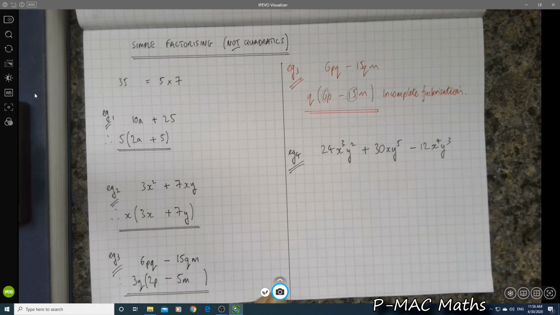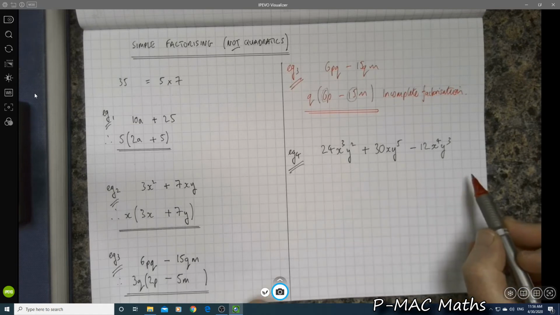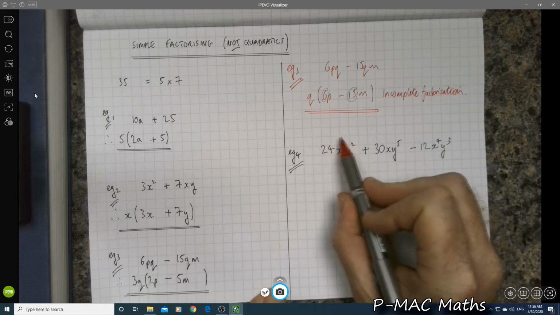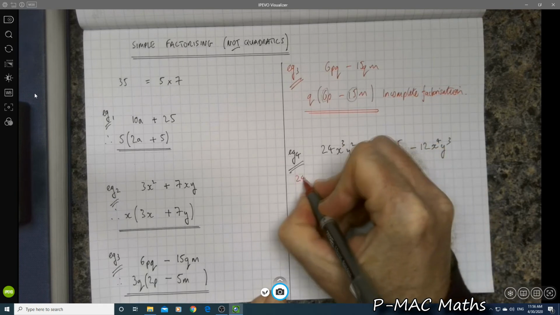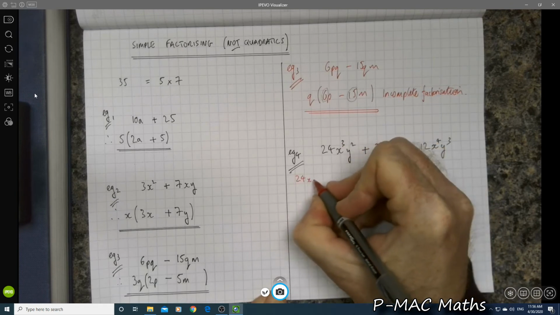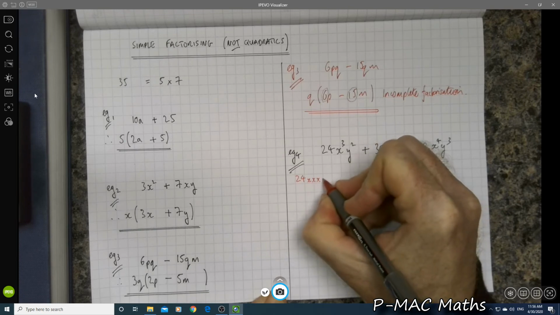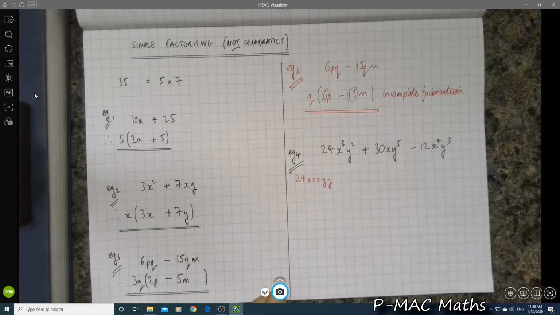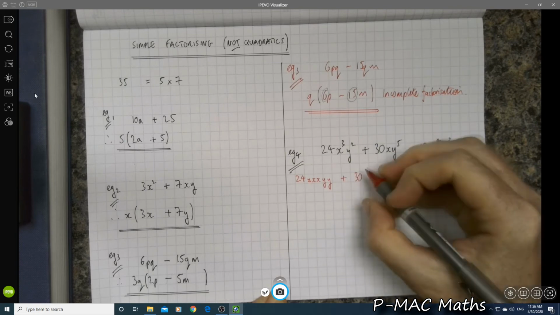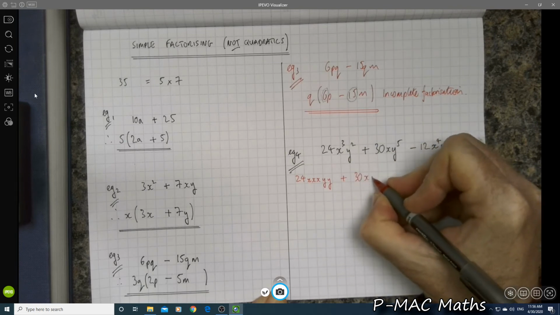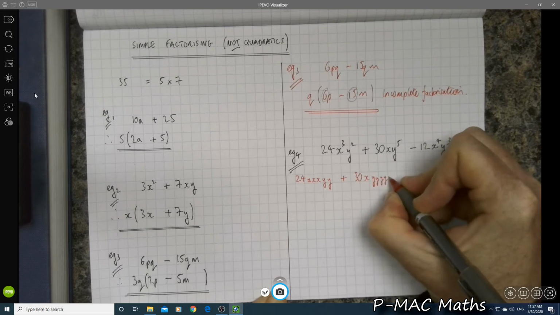Now, just to avoid any confusion here, and you wouldn't normally do this step, I'm going to write down these terms slightly unusually. 24 x, x, x, y, y, plus 30 x, y, y, y, y, y. Why am I doing this?